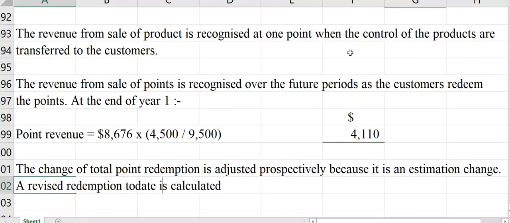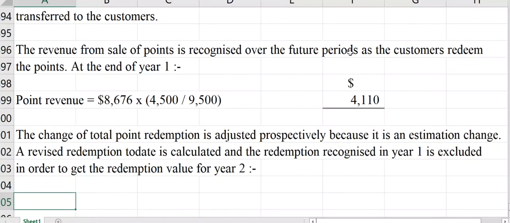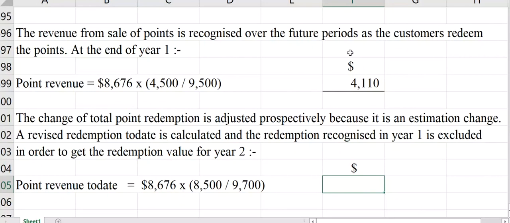Redemption to date is calculated, and the redemption recognized in year 1 is excluded in order to get redemption value for year 2. You see the formula changed already. I use 9,700 now.